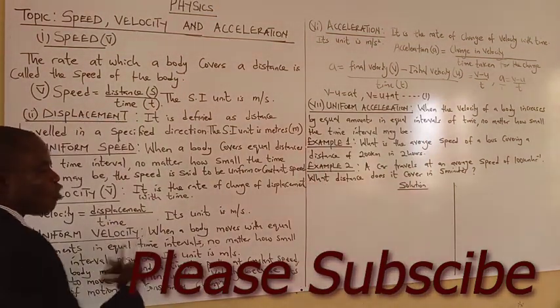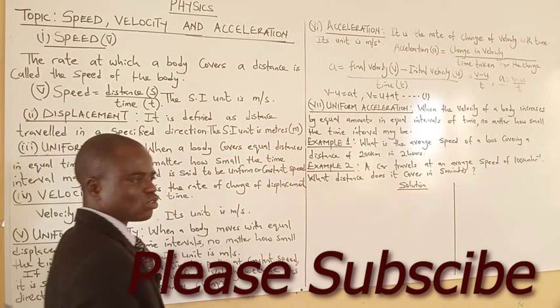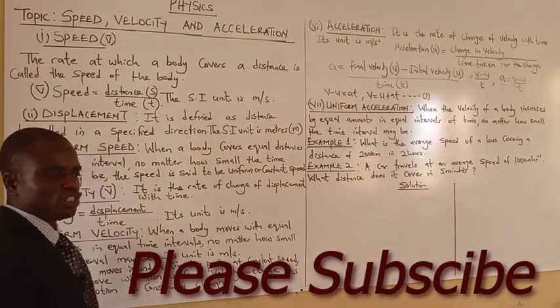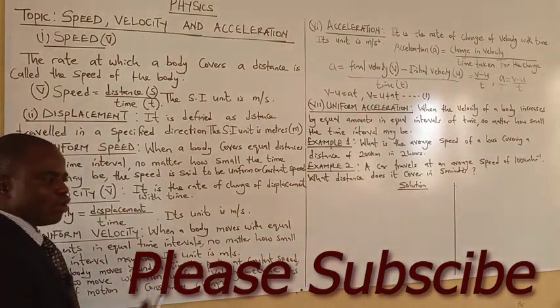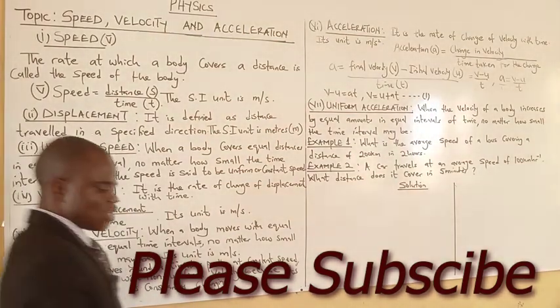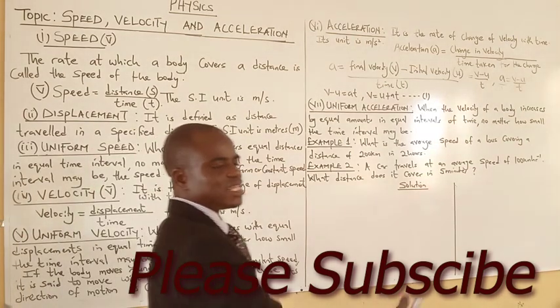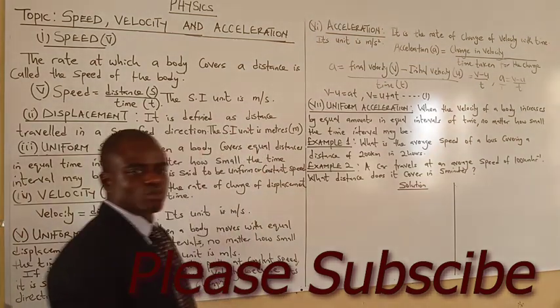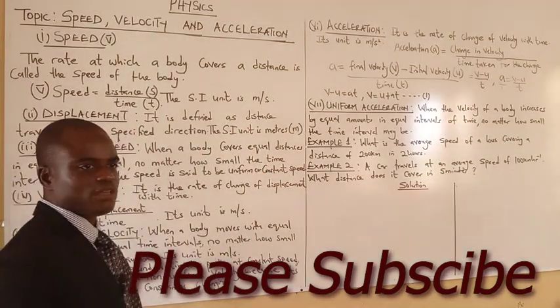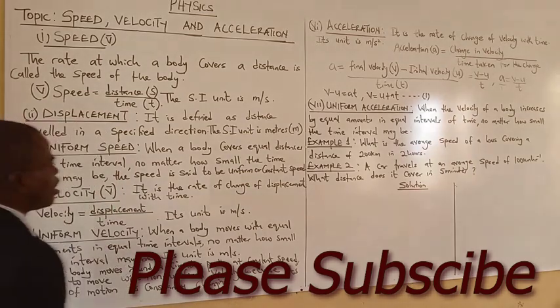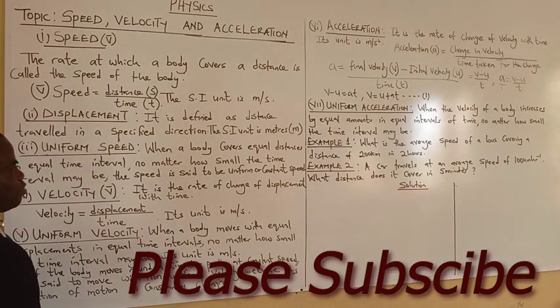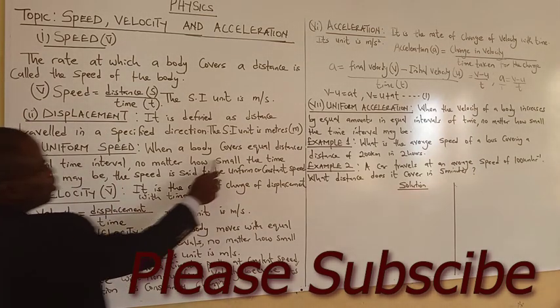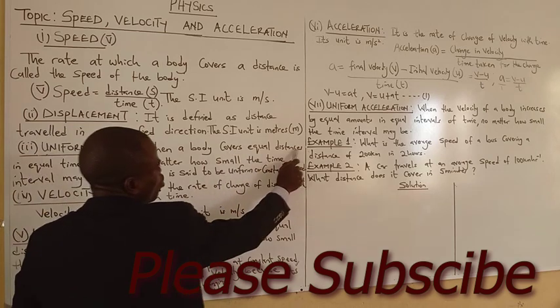Okay, when you are talking about uniform or constant speed, you say a body or an object covers equal distance in equal interval of time, no matter how small the time interval may be. It is referred to as uniform or constant speed. It is very important you introduce when the body covers equal distance.